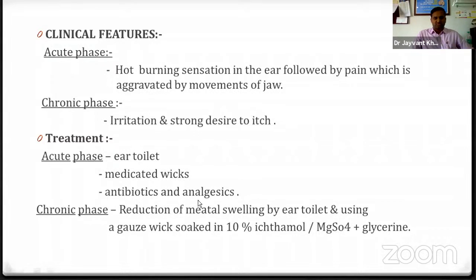In chronic phase, reduction of meatal swelling by ear toilet and using a gauze wick soaked in 10% ethanol or MgSO4 with glycerin. Diffuse otitis externa has somewhat the same treatment as localized otitis externa.